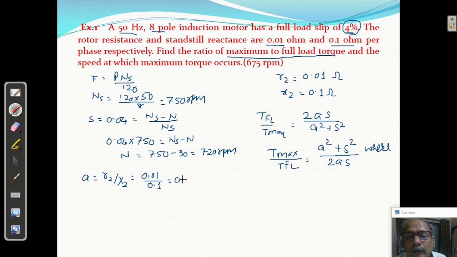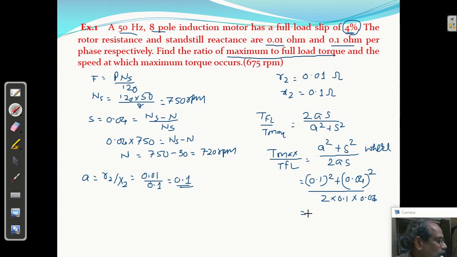So A we got is 0.1. So this ratio equals 0.1 square plus slip 0.04 square, upon 2 into A, 0.1, into S, 0.04.